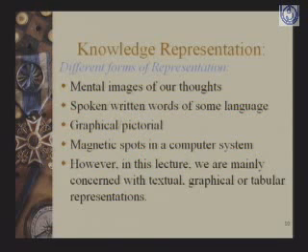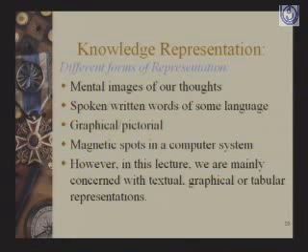Now, how is knowledge represented? What are the various mechanisms or methods, in nature or otherwise, of representing knowledge? First, mental images of our thoughts. Whatever we are thinking, there is some basic unit which we call mental images.